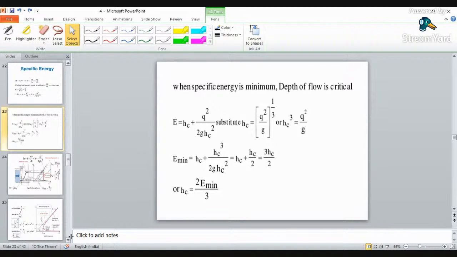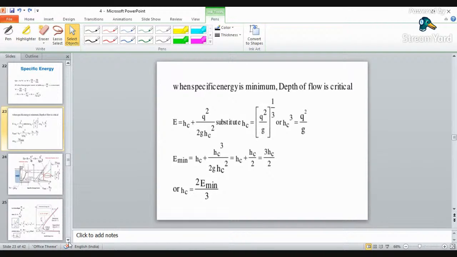So these are the formulas. First, specific energy is v square by 2g plus h. Second, critical depth can be calculated as small q square by g to the power 1 by 3. The next one is E minimum is 3 by 2 of critical depth.